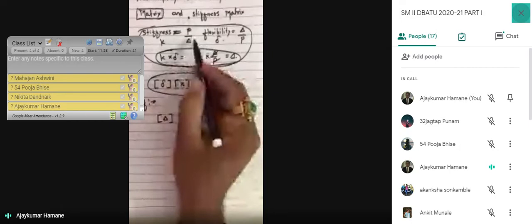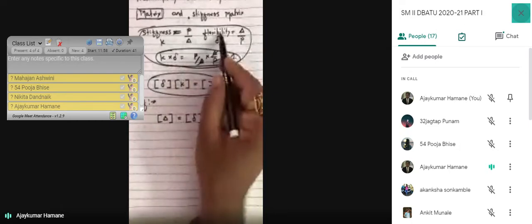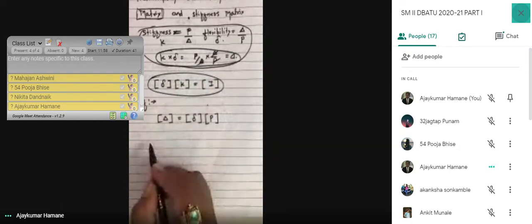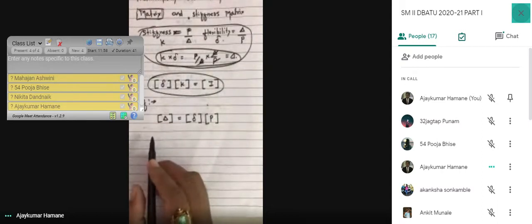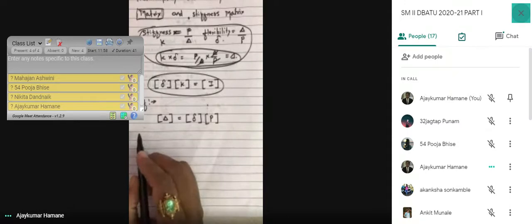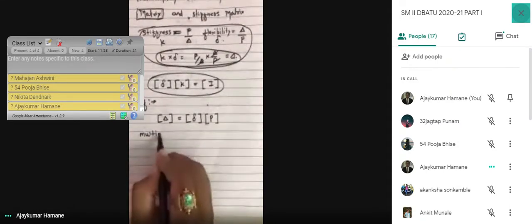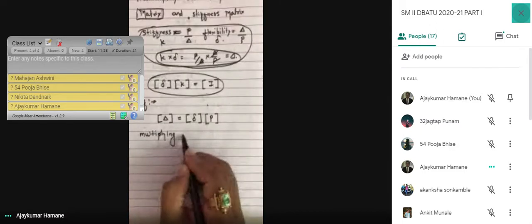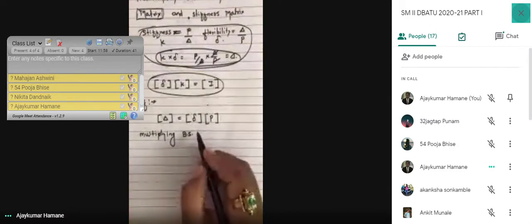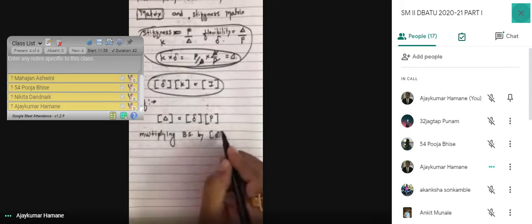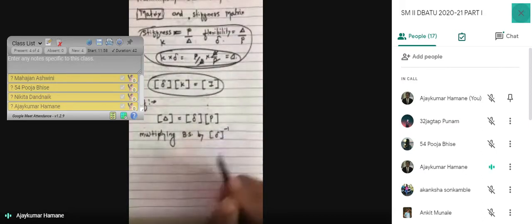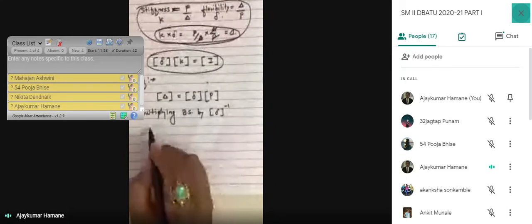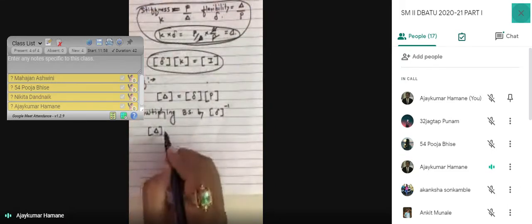That is, here delta equals flexibility into P. Okay. Now multiplying both sides by the flexibility inverse matrix.